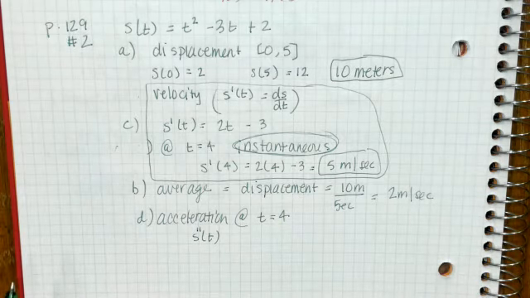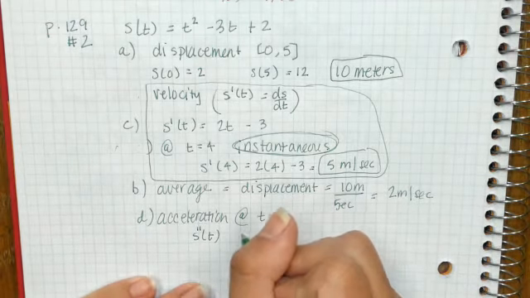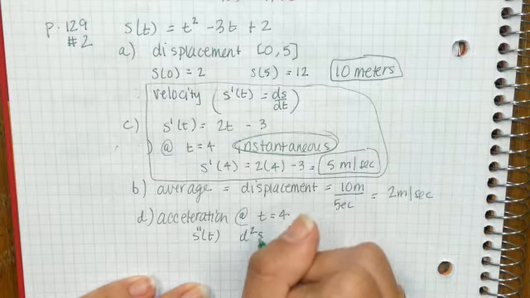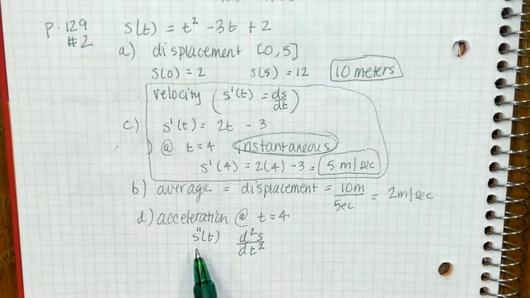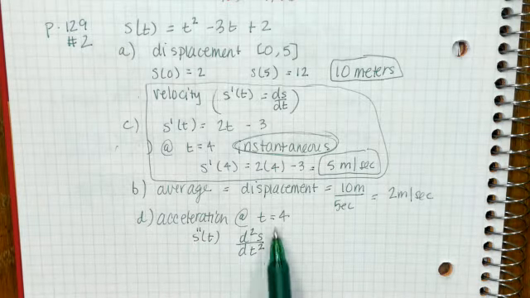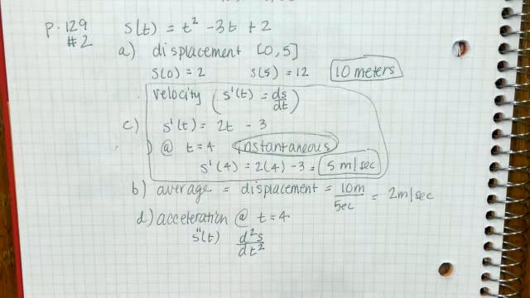So doesn't that look weird? It looks like an 11. So the better way to write this is the second derivative over time. See how funky that looks? So that's why we don't write double prime. It's just weird. Second derivative, much nicer.